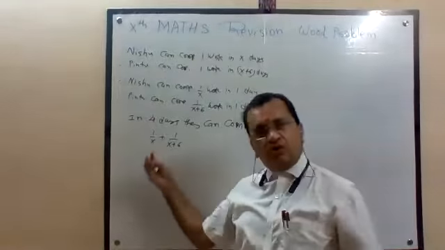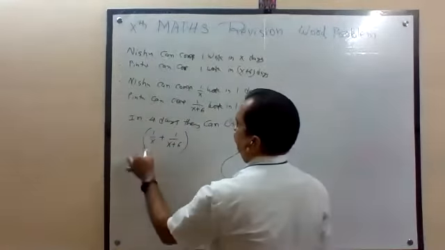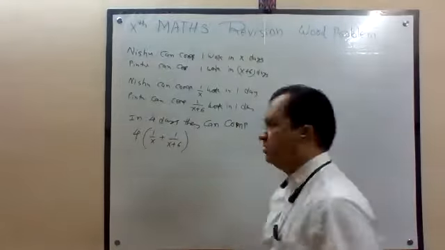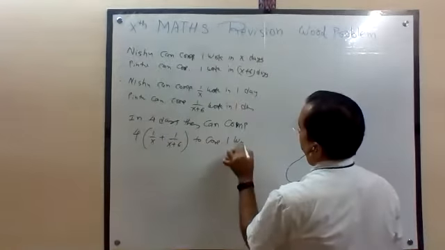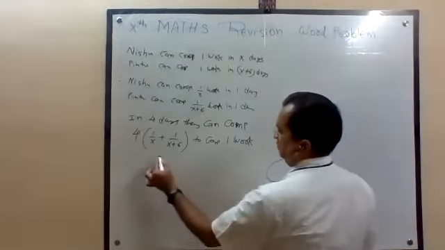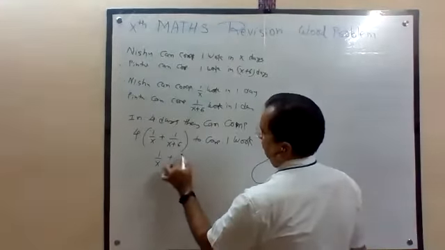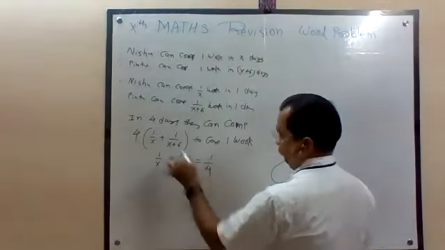That is the 1 day combination, 1 day by this, 1 day by this, both. But they are working 4 days together to complete one work. One work is completed, so this 4 goes down. 1 by x plus 1 by x plus 6 is equal to 1 by 4.